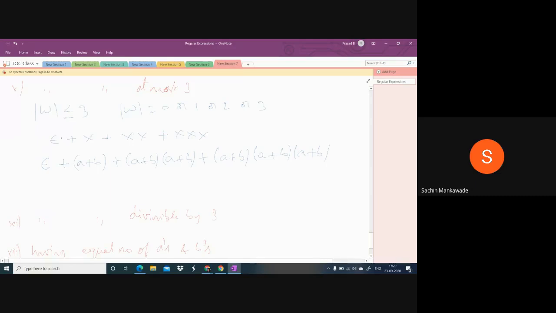Can anybody give a better representation for this? Length at most 3, length can be 0, 1, 2, 3.